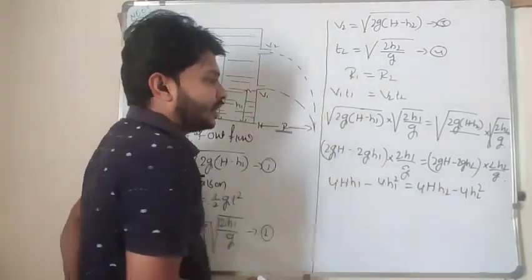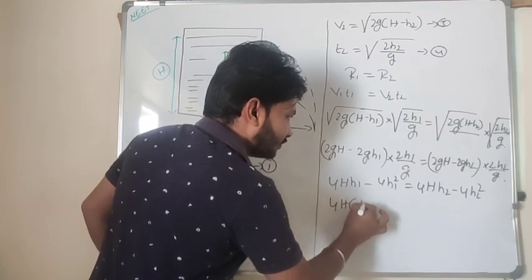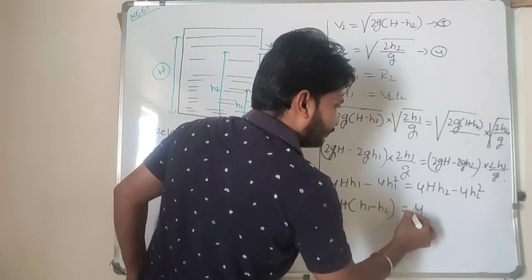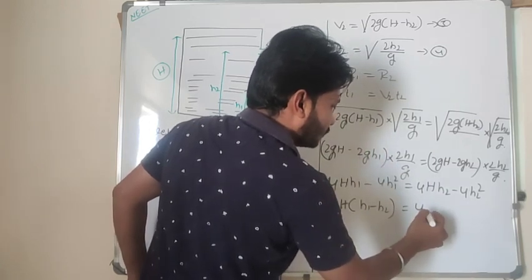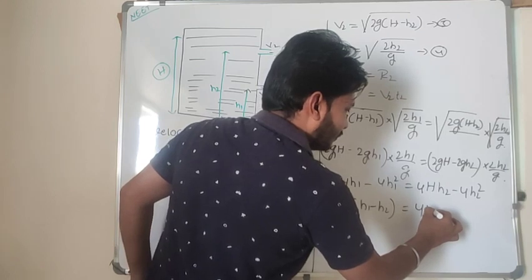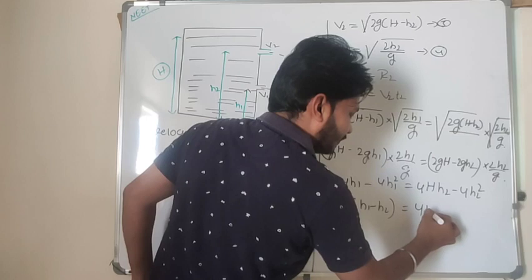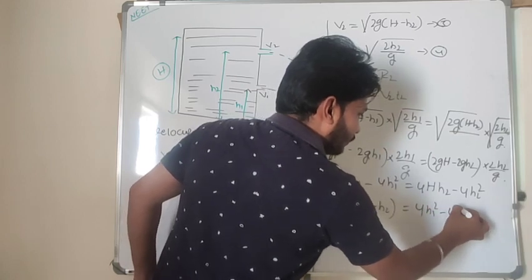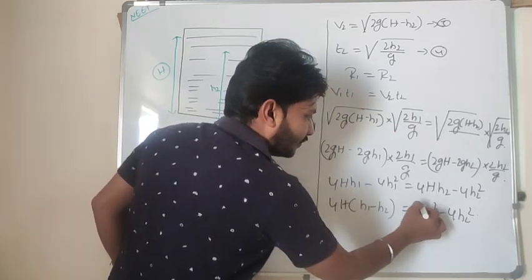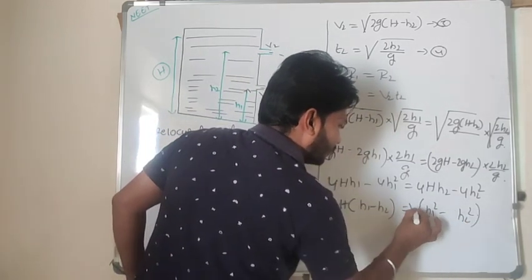I will take 4 H h2 to the left side: 4H (h1 minus h2) is equal to 4 h1 squared minus 4 h2 squared, right?